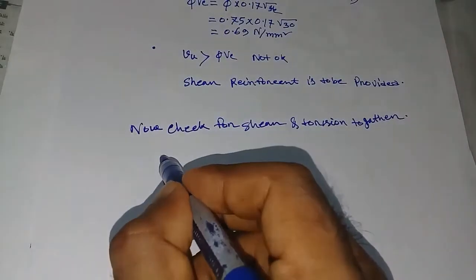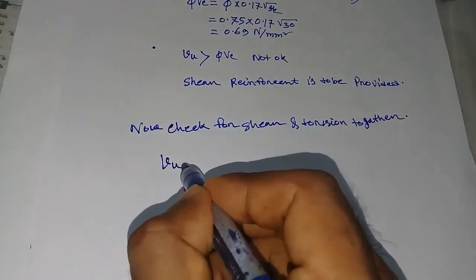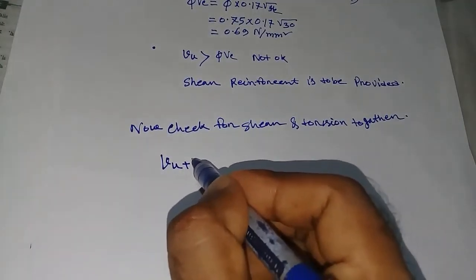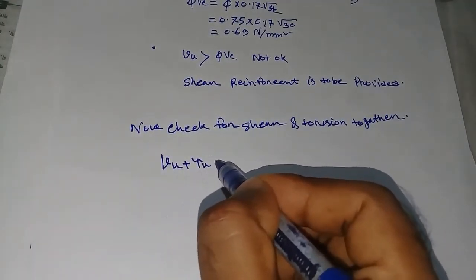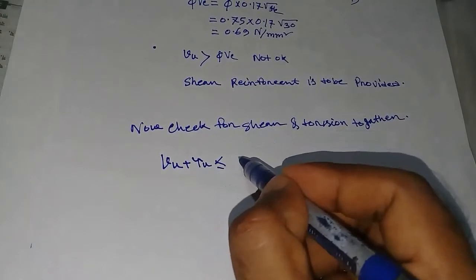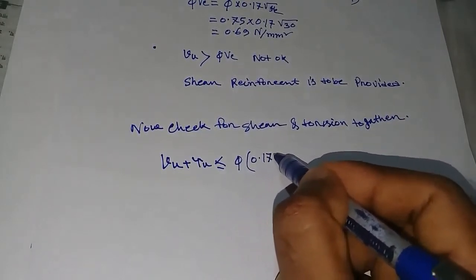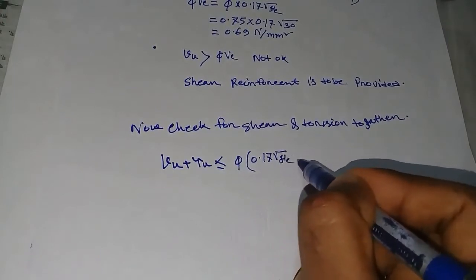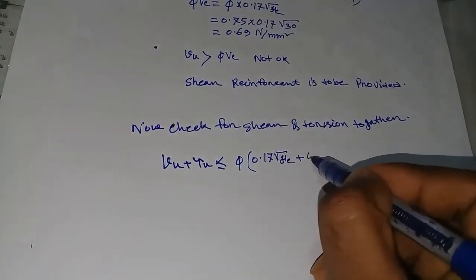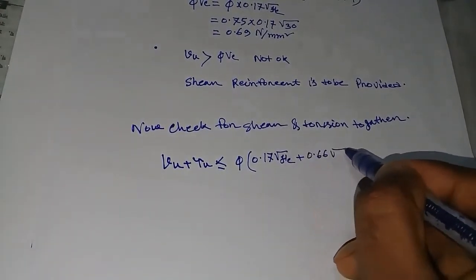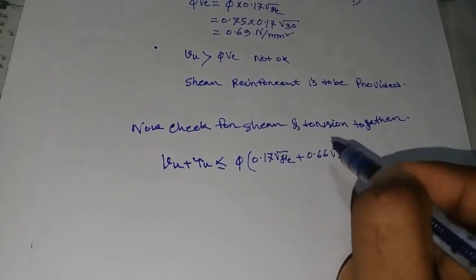Vu plus tau u is less than or equal to phi of 0.17 root over f prime c plus 0.66 root over f prime c.